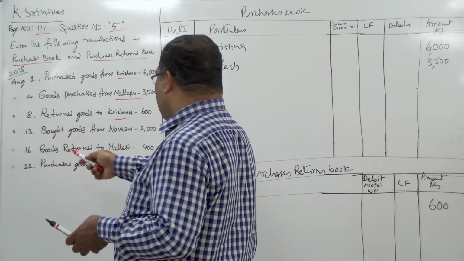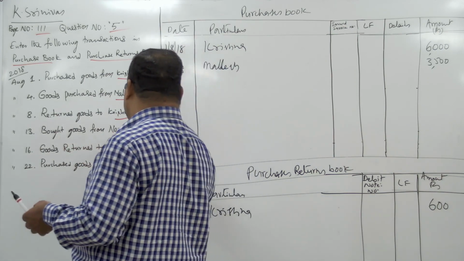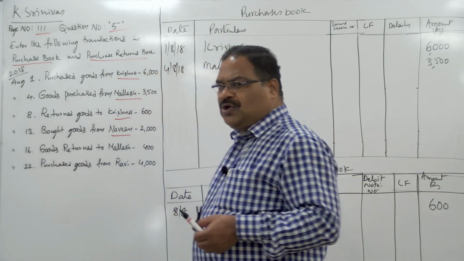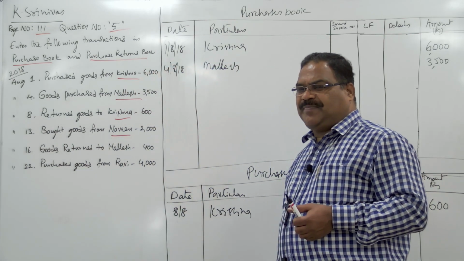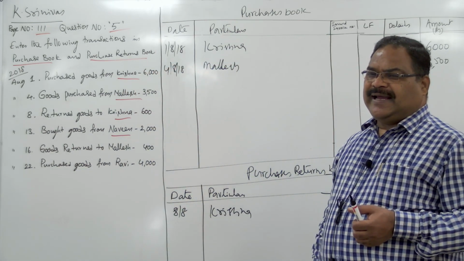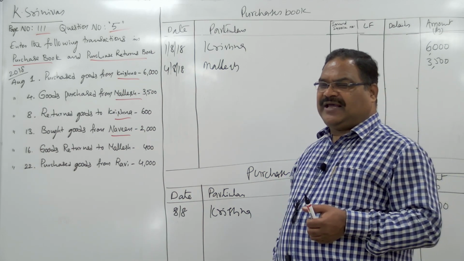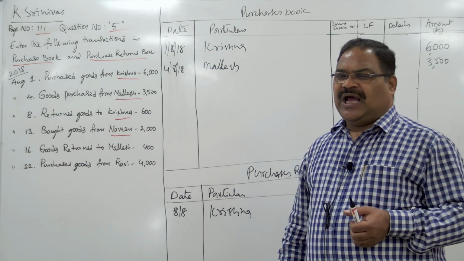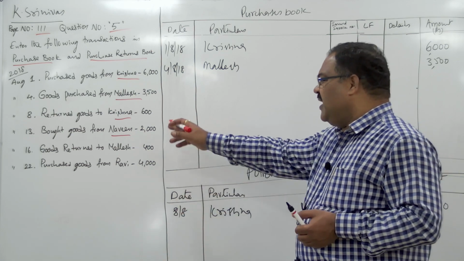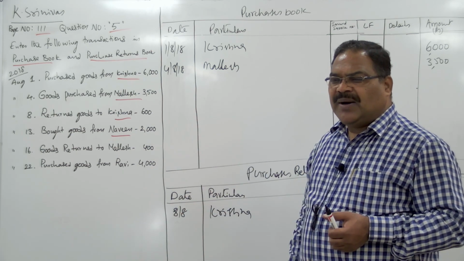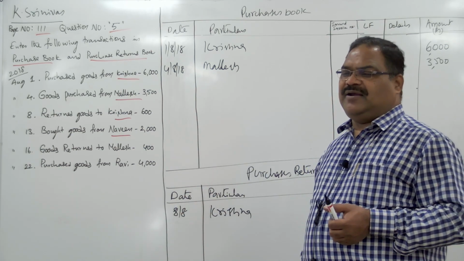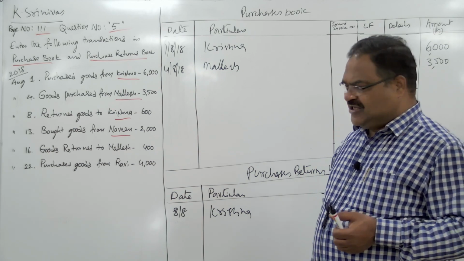Next, bought goods from Naveen. You should try to understand the logic, because in the exam sometimes they give you different things like purchased machinery from Naveen. Machinery should not be taken. You should be very careful with this.